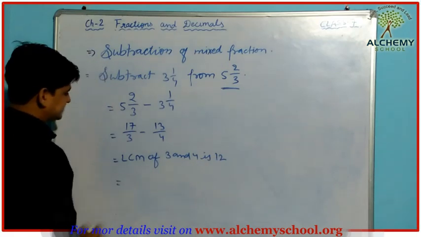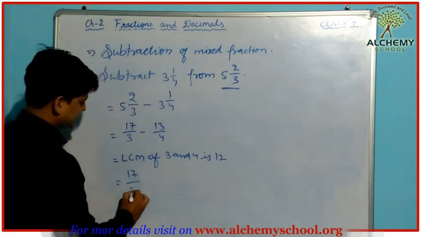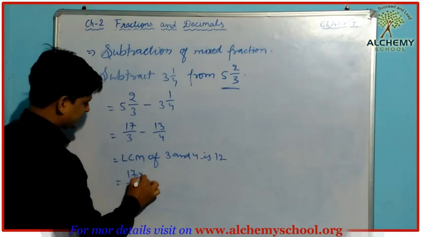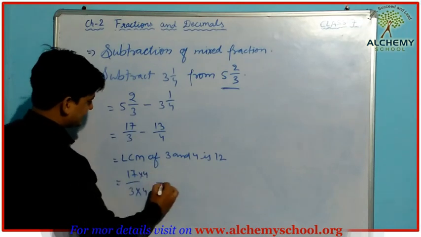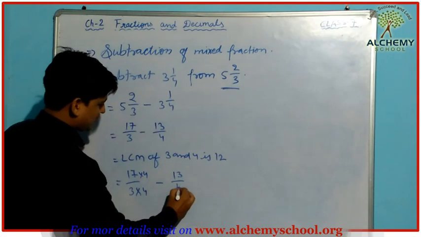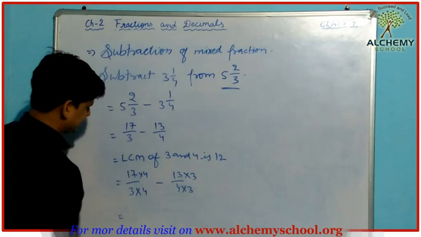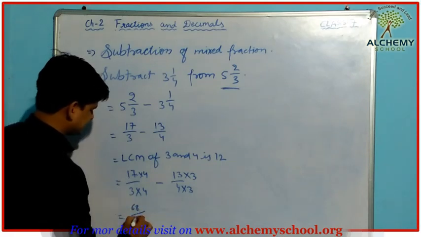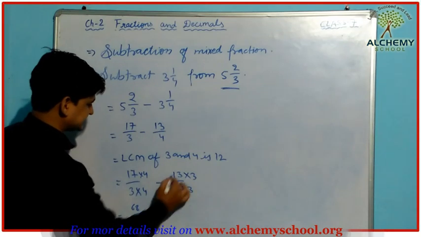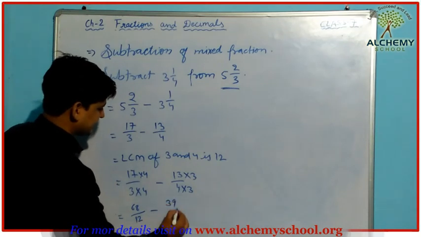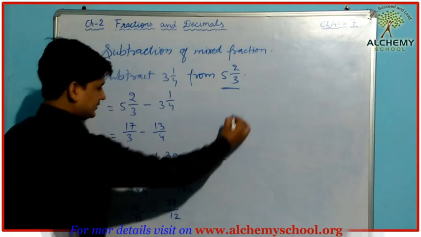We have to change them. 17 upon 3, 3 into 4, so 17 into 4, minus 13 upon 4, 4 into 3, so 13 into 3. We find here 17 4s are 68 over 12, minus 13 3s are 39 upon 12.